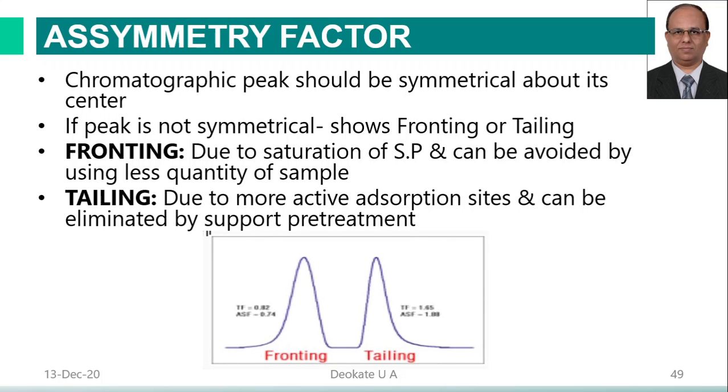So you see these are the fronting and tailing diagrams. What is tailing? It is the extension of the latter part of your peak, and it is due to more active adsorption sites and can be eliminated by support pretreatments.